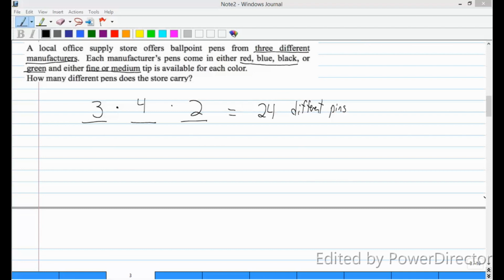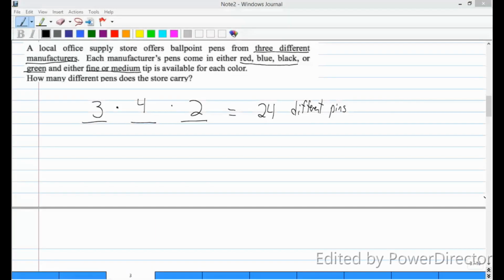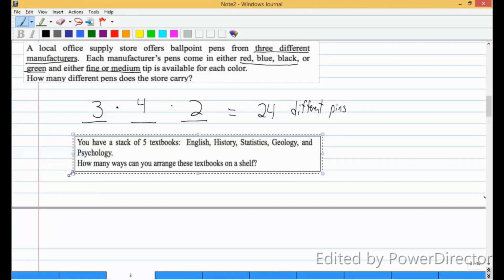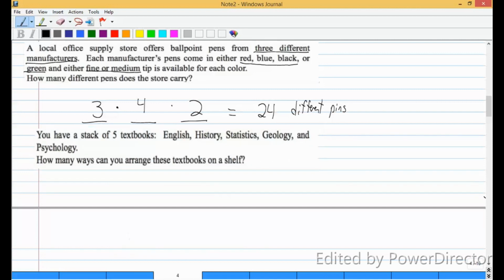All right, this is a pretty classic question. I've seen this counting question asked in a variety of ways, but it just makes you think a little bit. It says you have a stack of 5 textbooks: English, history, statistics, of course, geology, and psychology.